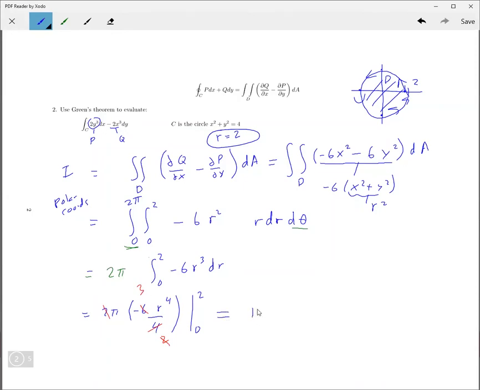So this is going to be negative pi times 3, and then times 2 to the 4th. So 16 times 3 is 48, so negative 48 pi.